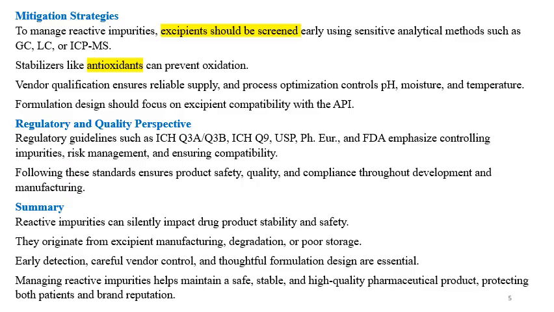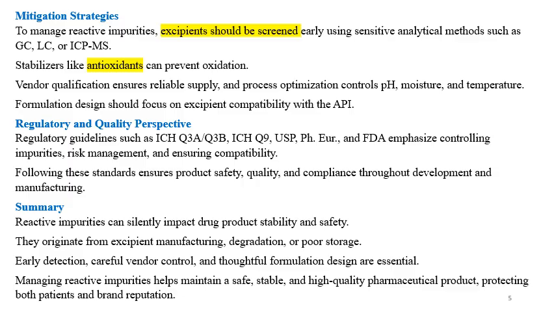These originate from excipient manufacturing. These may be coming from the degradation of the excipient or poor storage. Early detection, careful vendor control, and formulation design optimization are essential.